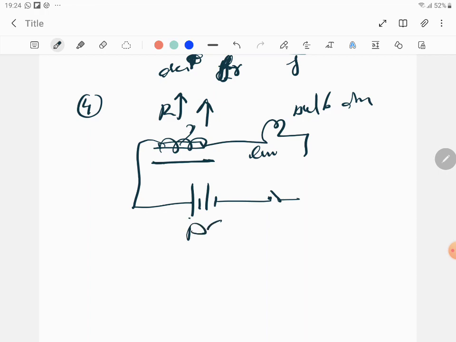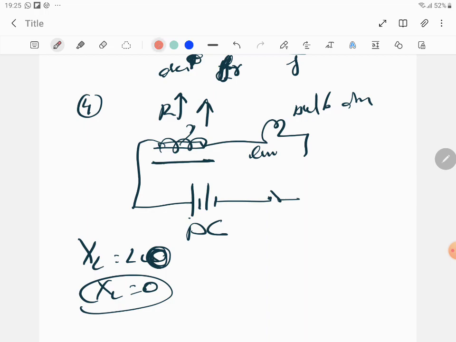This is a DC source. Do you know XL is equal to L omega? And for DC, omega is 0. Therefore XL itself becomes 0, which means it offers no resistance. It behaves like a plain wire, so the bulb will go with maximum brightness.